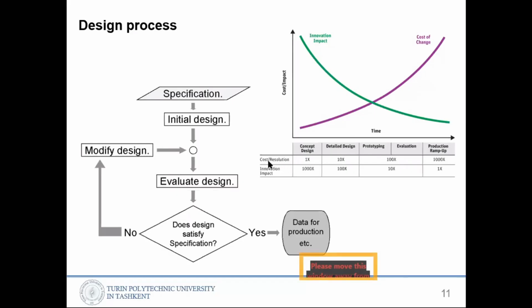And here the cost, in advance, is very small, like 1x, just put in the x $1,000. So $1,000, you can design in the computer. That's your product. And in the detail design, the inside of each part should be designed. Here it is just the overall design of your car, but here all parts should be designed. So you're spending $10,000. And in prototyping, you're making one item, one prototype.